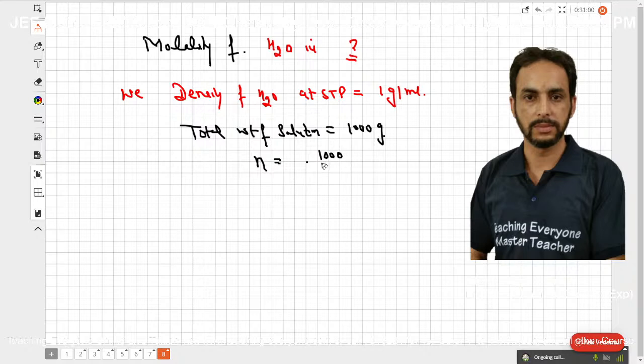Water itself is a solvent. So its number of moles will be 1000 divided by 18, and this value comes out to be 55.55. And molality equal to, we have taken the weight, so it is 1000 gram. So molality will be equal to 55.55. Simple.